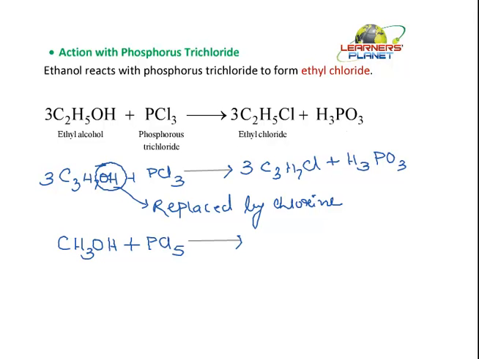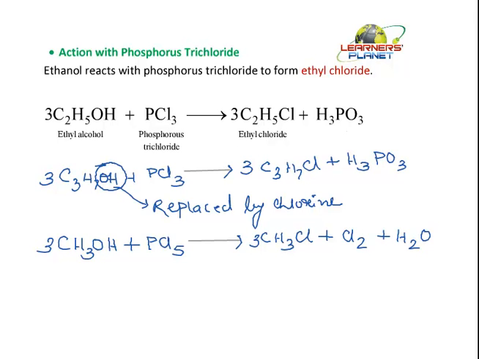Now when I am treating this with phosphorus pentachloride, again your hydroxyl group will be replaced by chlorine. What else does it form? It forms Cl2 and H2O. So the byproducts are different in this case, but the product is the same.